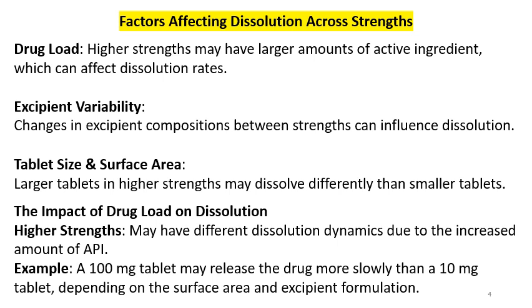Generally, higher strength will have a specific release profile, and compared to that, the lower strength will generally have faster release. This is because of the drug load.